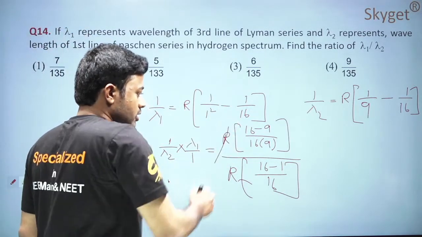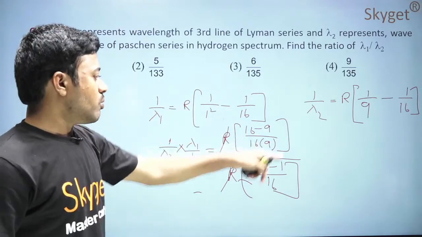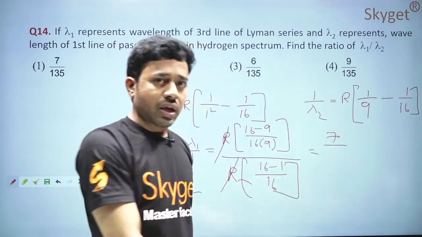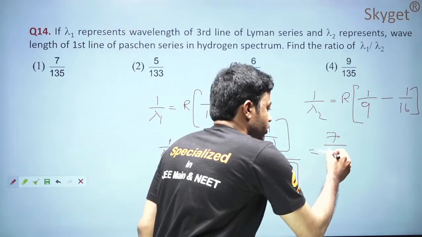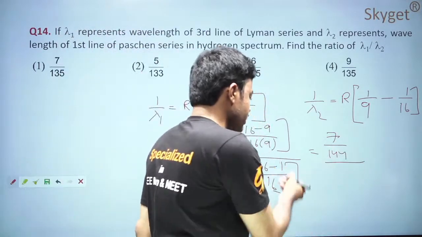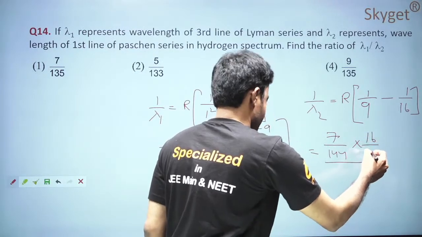Here the Rydberg's constants are both the same, so you can cancel them. What remains? 16 minus 9, 7 by 16 into 9, 16 nines are 144, divided by 16 minus 1, 15 by 16. So you can write 16 by 15.